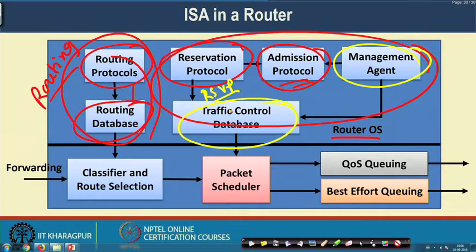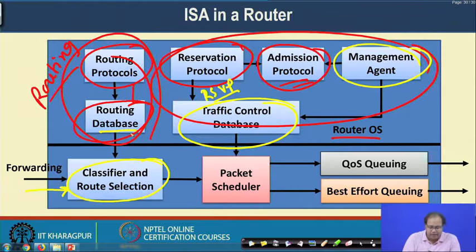Now, let us come to the forwarding plane of the router. Whenever you get a new packet, first you have the classifier and route selection. This mechanism will classify your packets into one of the available traffic classes, and then based on that it will select the route by looking into the routing database.